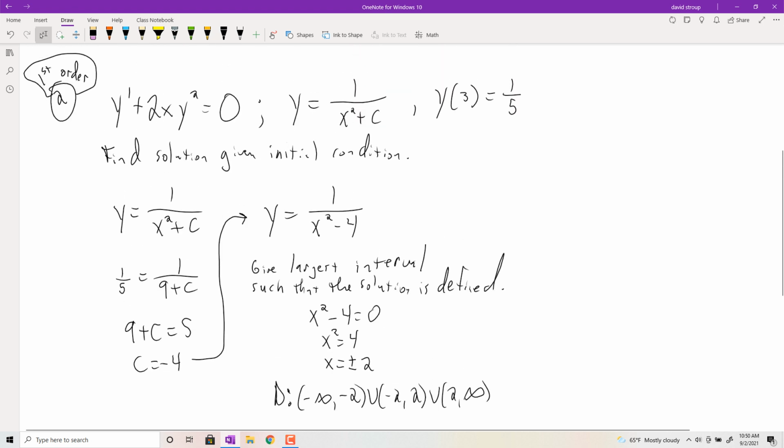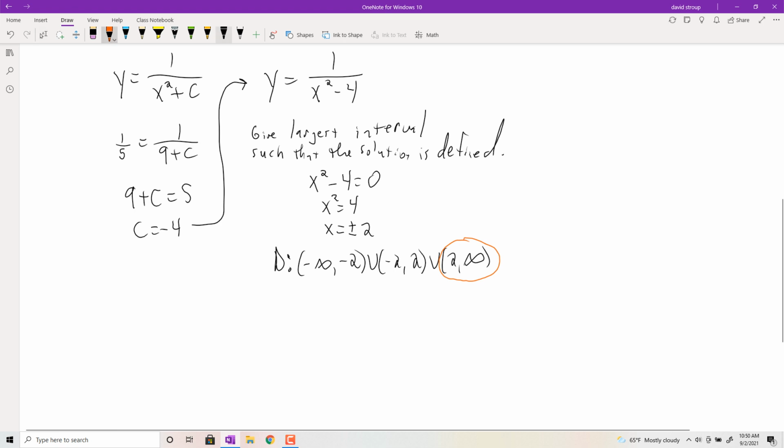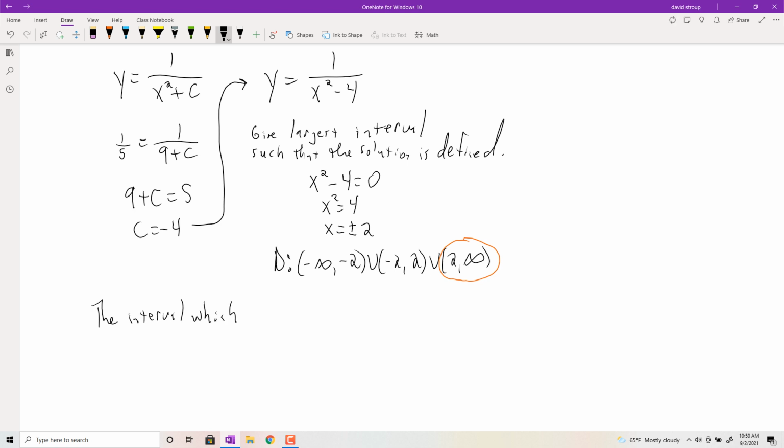You need to pick the domain interval that includes this x value up at the top, this 3. So the interval which contains x equals 3 is the interval from 2 to infinity.